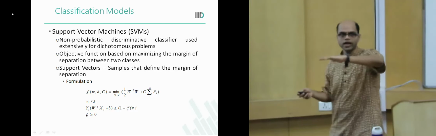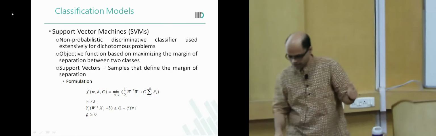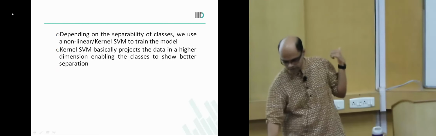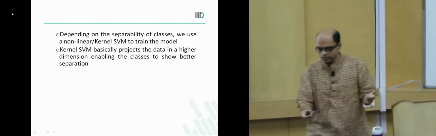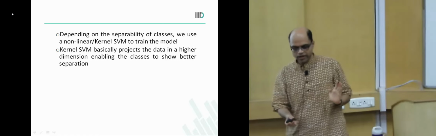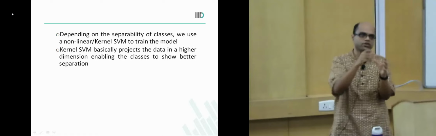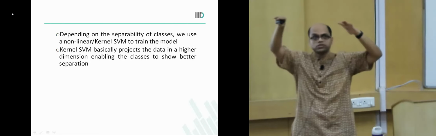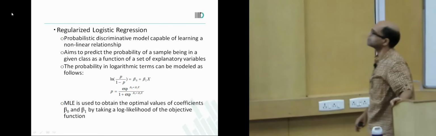It puts a plane or a line depending upon whether it is 2-dimensional or 3-dimensional, and that gives you classification, and it suits our problem because we also have two classes. To improve the model training, you can actually project this data using another function. So you take your data, apply a function, and you project it into higher dimensions in the hope that in that higher dimension there is a clear separation. Okay? So we use the kernel function to do that.